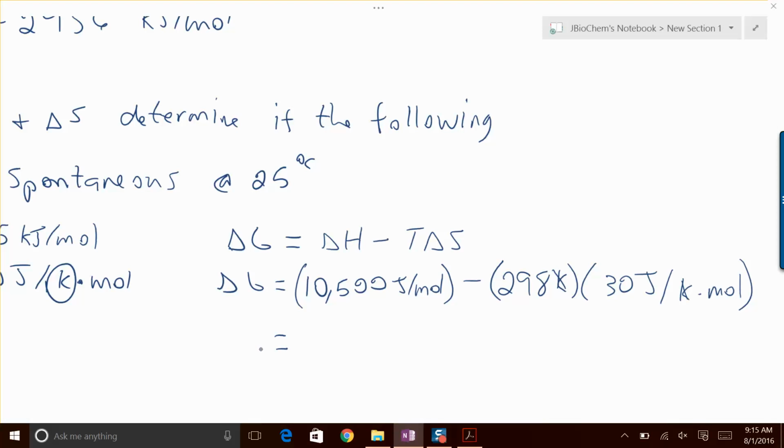Okay, somebody find a delta G for this? Say it again. 1.56. Okay.